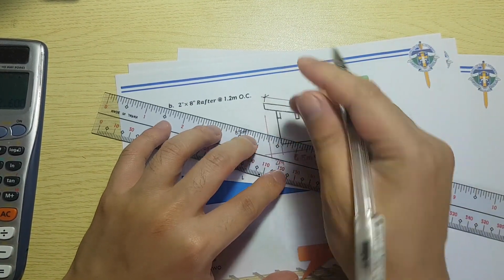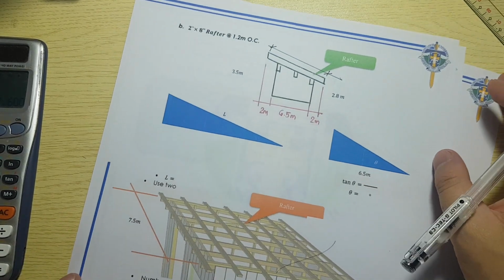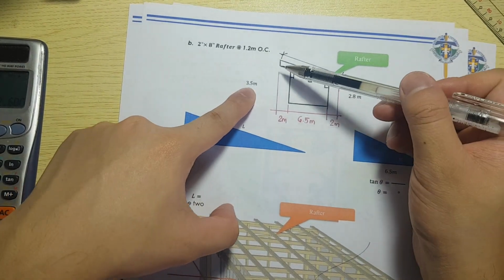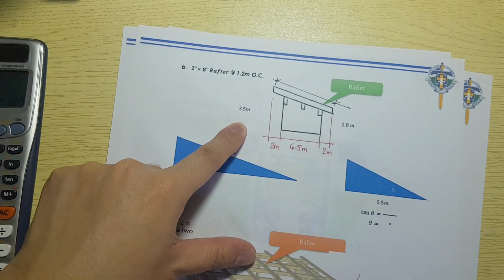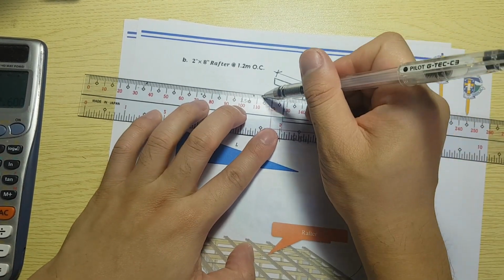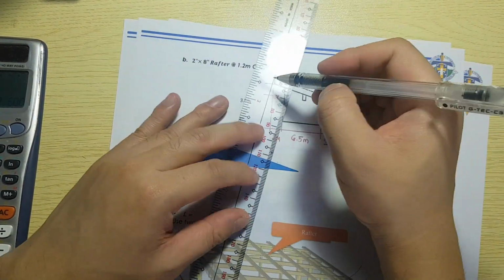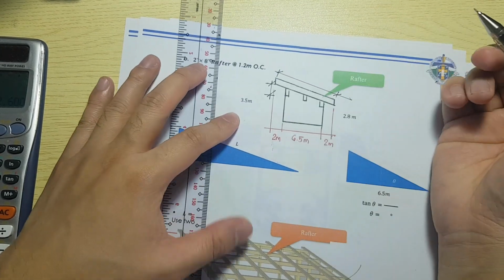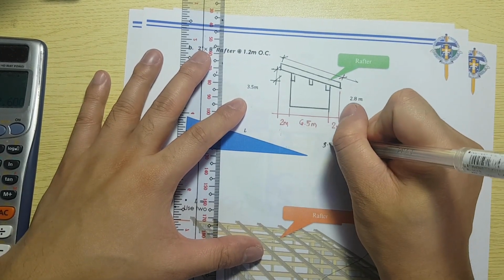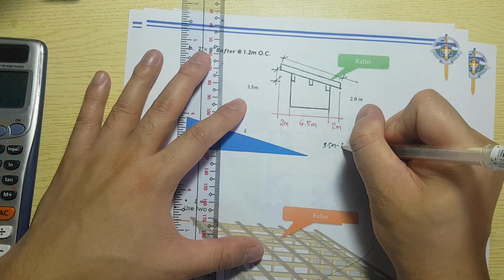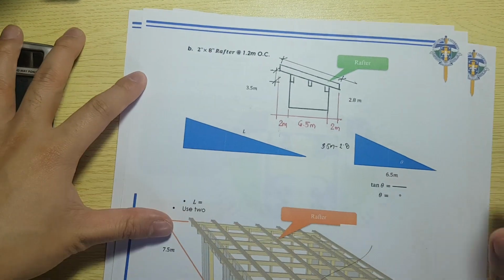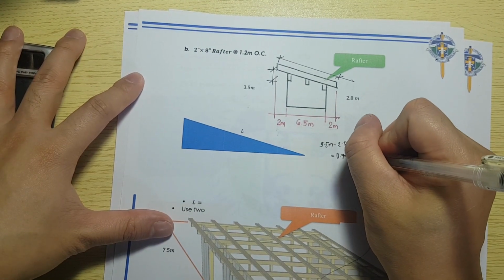In order to get that distance, we can use this. Okay, so we can get this distance from here up to here. That is 3.5 meters minus 2.8, which is equivalent to 0.7 meters.